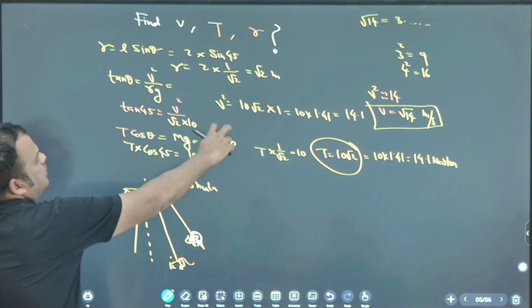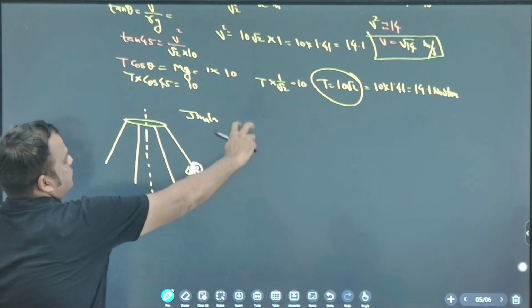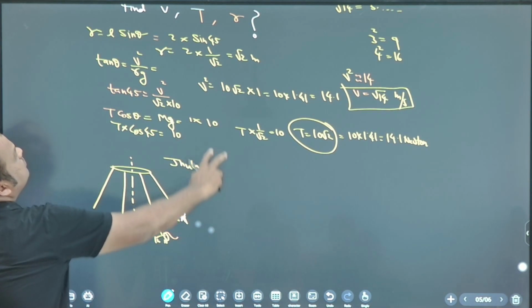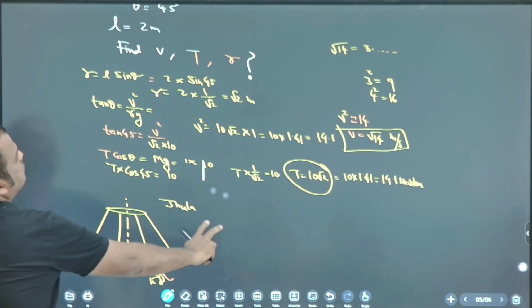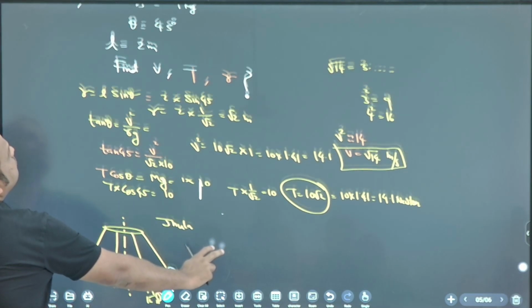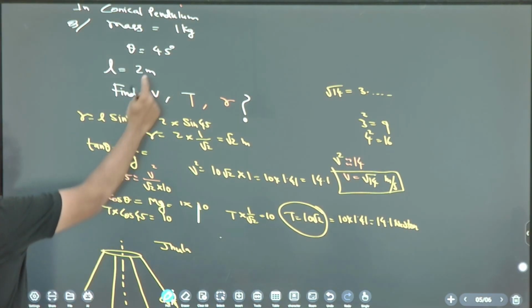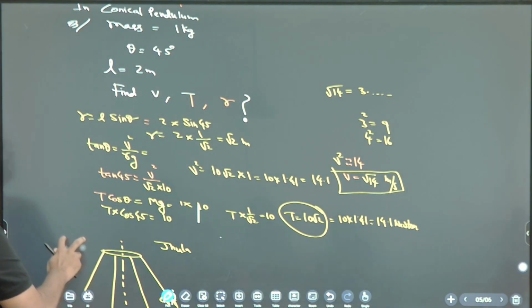Okay, fine. So this is the question. Note down. Theta given, mass given, length given. You have to find speed, tension, radius.